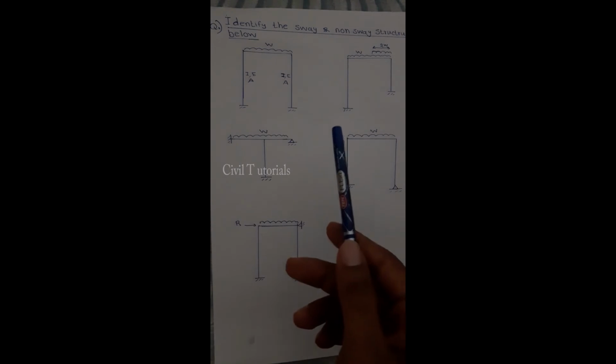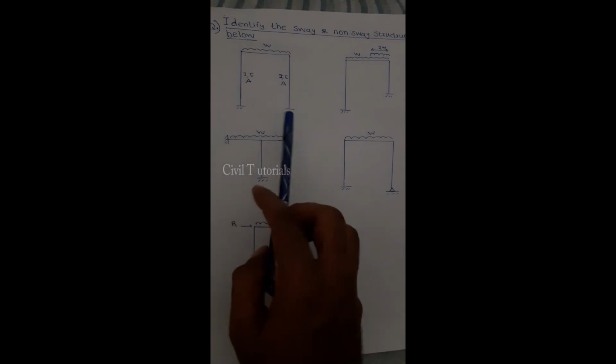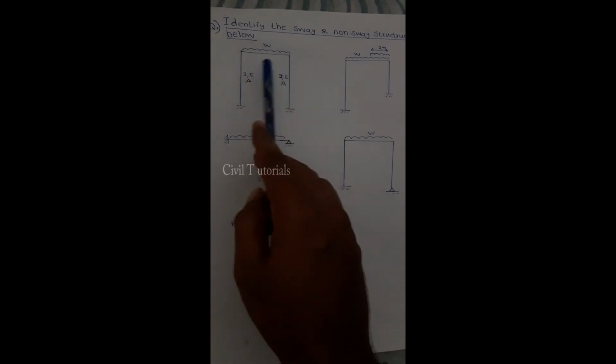You can simply say it's a non-sway structure because it satisfies all three criteria we saw before. It has identical columns and identical supports on both sides of the symmetrical axis here, and the loading is also symmetric here.